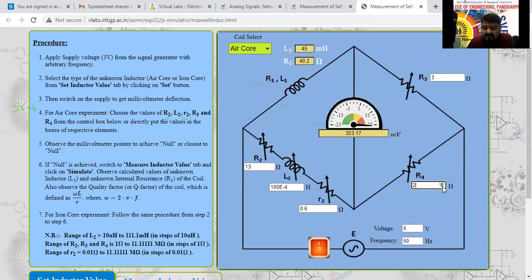Is it understood? 34 millivolt we have obtained. Then also we are not getting it here. 105. I will do that one.